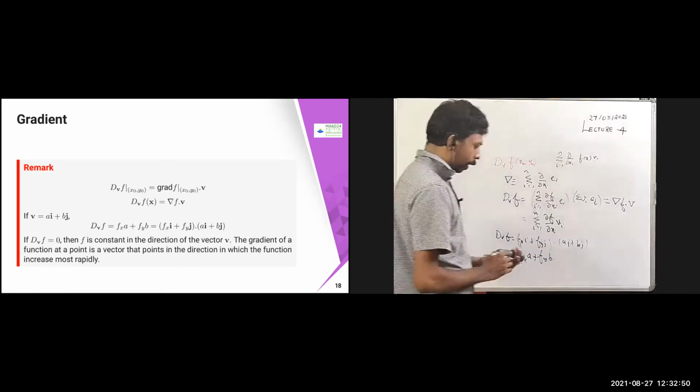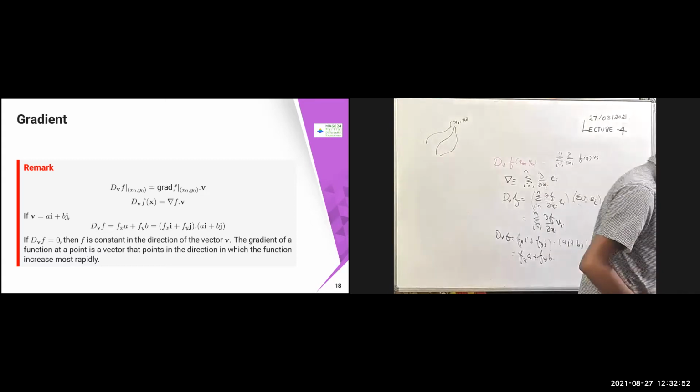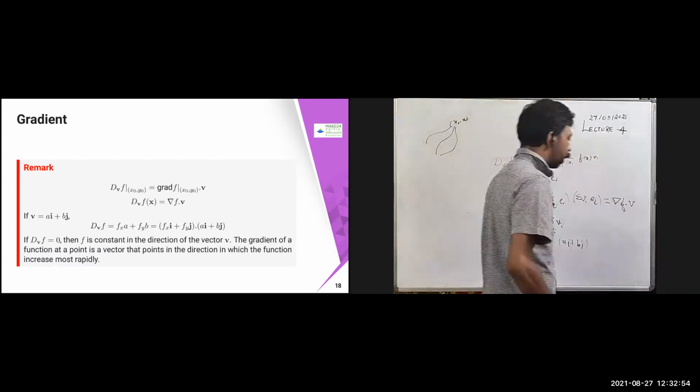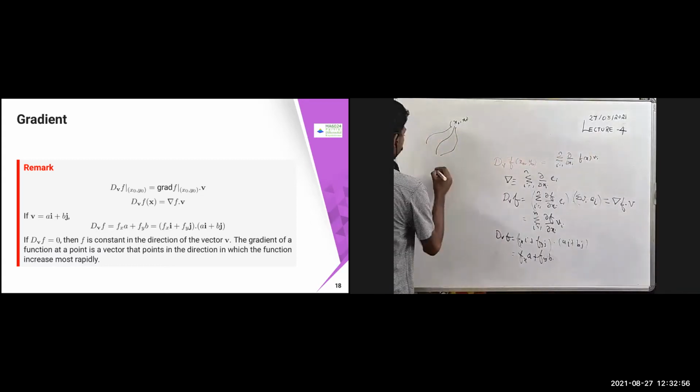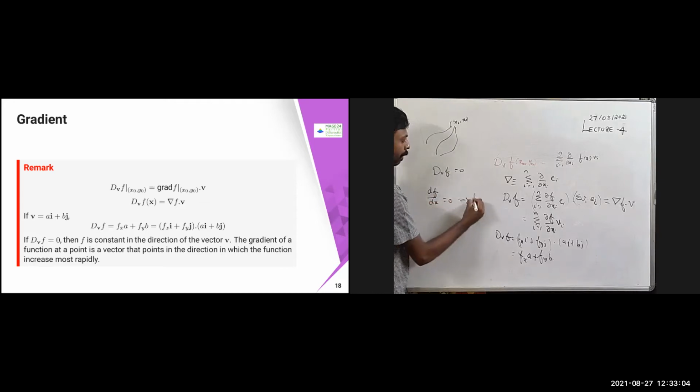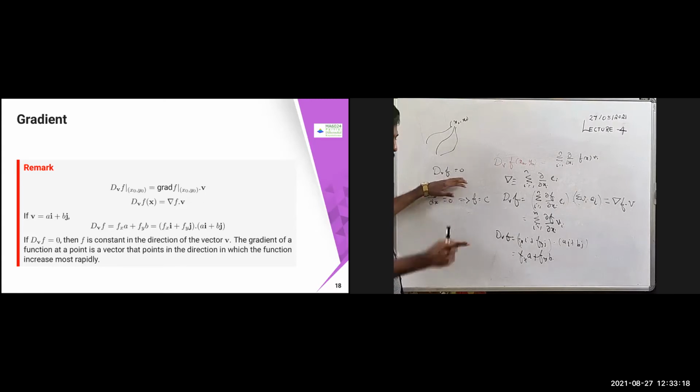Another important observation: suppose dv f equals 0. You know that suppose df by dx equals 0, what does that say about f? It implies f equals constant, right? In the ODE case, you might have studied that if df by dx equals 0, f equals constant. Now, dv f equals 0 means it is going to be constant in the direction of the vector v only.